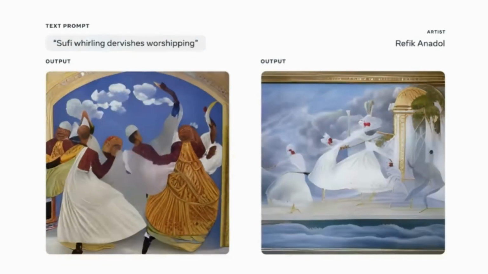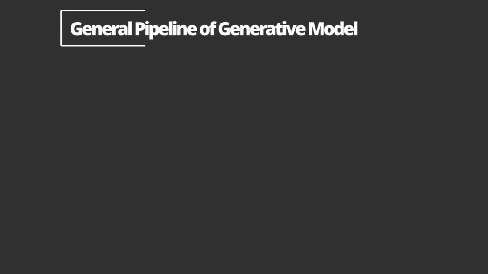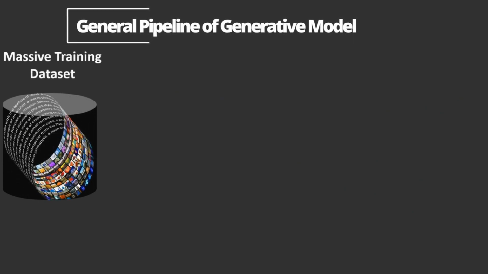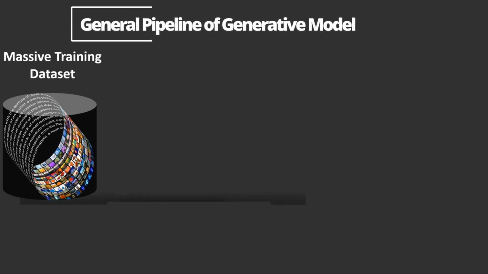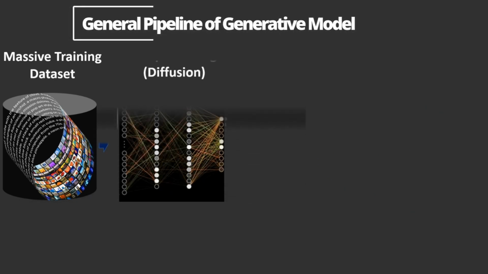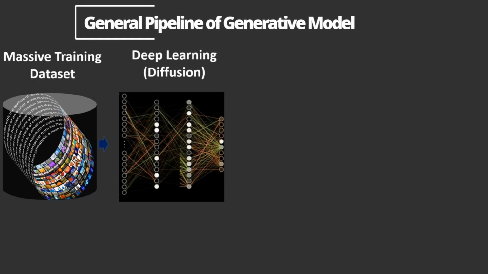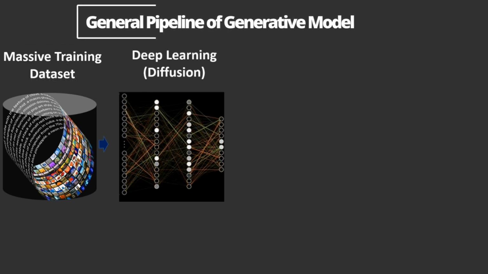Now let's explore the general pipeline of AI-generated images and videos, which consists of 4 main steps that are common across many state-of-the-art techniques. Step 1: Data collection. The models rely on massive, diverse data sets of text and images from various sources, forming the basis for learning and content generation. Step 2: Neural network training.